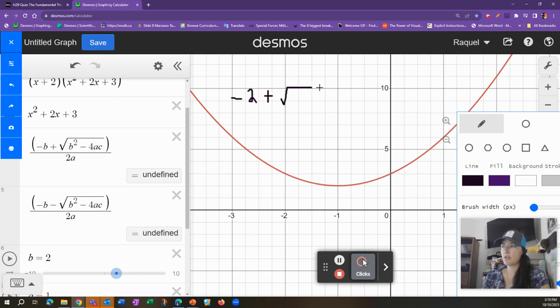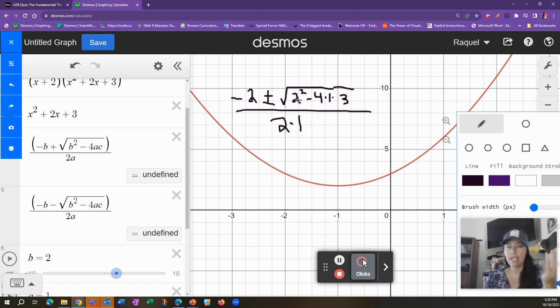All right, so we'll do 2 squared minus 4 times 1 times 3, all over 2 times 1. I'm going to put the plus or minus. That's just saying I'm going to add whatever this square root is, and I'm going to subtract whatever that square root is. That's all it's saying. 2 different answers.